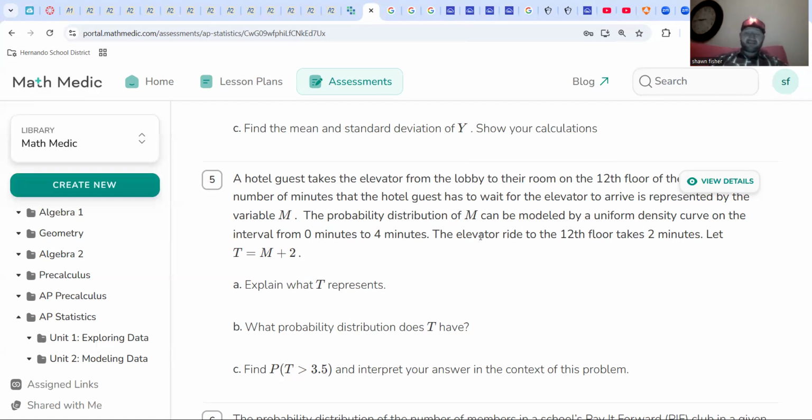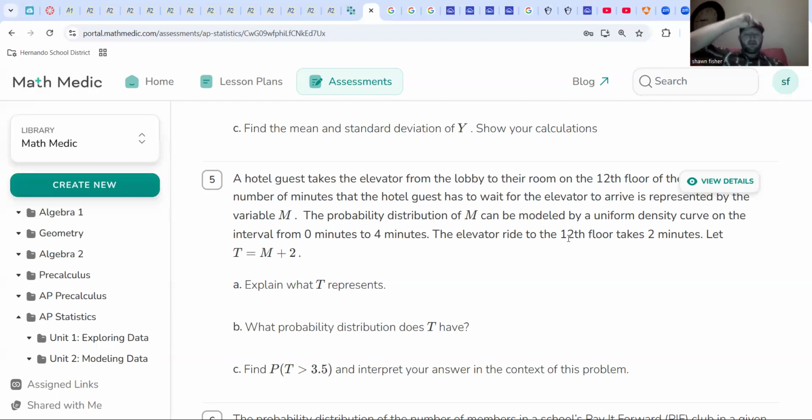The elevator itself, to go from the bottom to the 12th floor, takes 2 minutes. Therefore, T represents the total time it takes to wait on an elevator, plus the 2 minutes it takes to go all the way to the 12th floor.